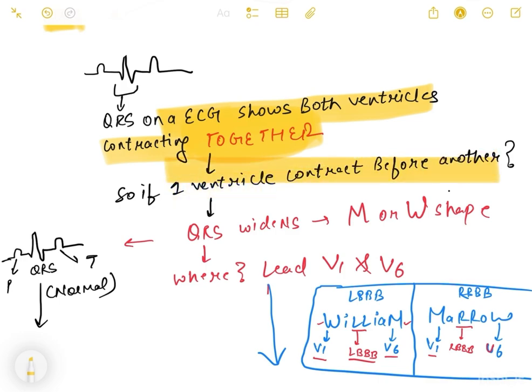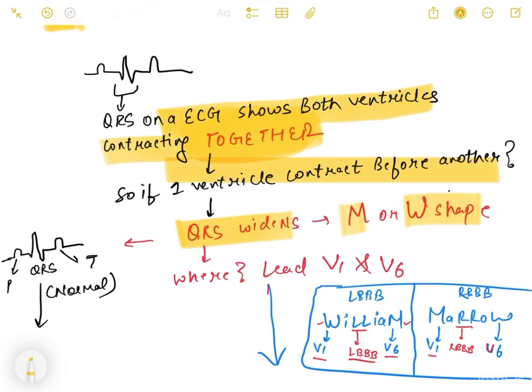As I told you in the case of a block, the QRS will get widened, obviously, because one ventricle will contract first and the other will contract after some time. So the QRS complex, which shows the ventricle contraction, will get broadened, the time will increase, and it is seen as an M and W wave in the ECG.